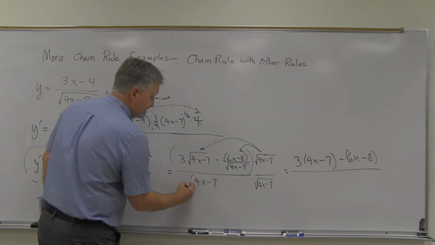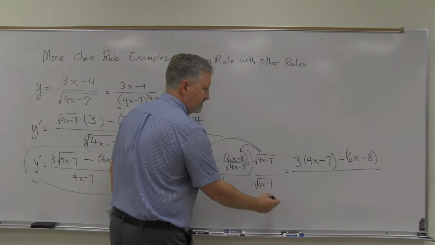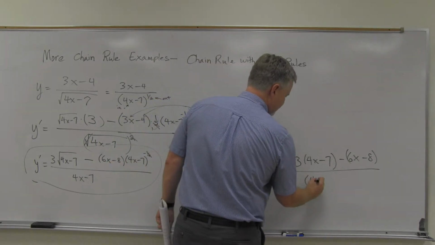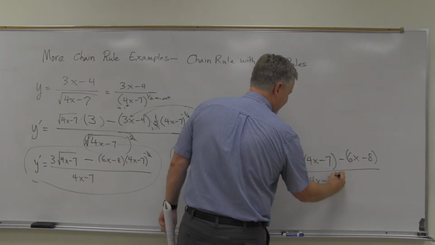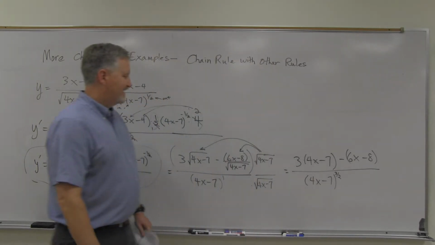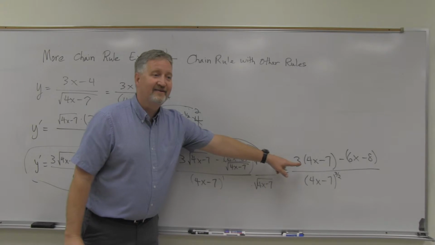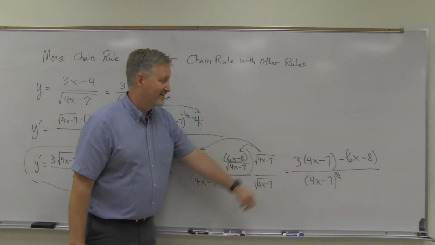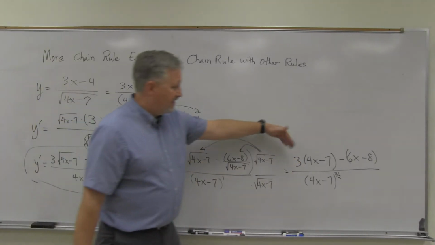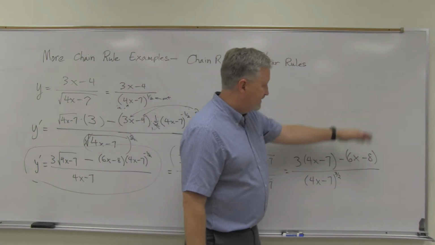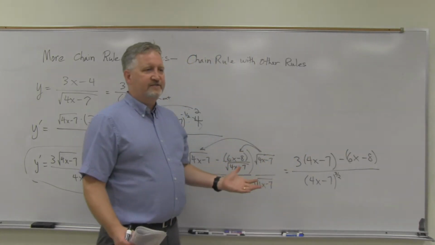And then the bottom, since that's to the 1 and that's to the 1/2, that's 3/2 power, or 1.5 power. And then you could clean that up, that's 12x minus 21. It simplifies down pretty nicely is what I'm saying.